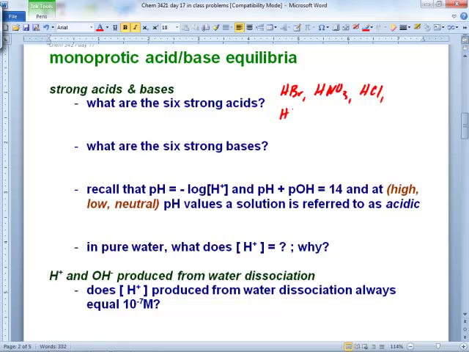HI, hydroiodic acid. Oh, Pablo. Perchloric acid. One more we're missing, Kat. Sulfuric, H2SO4.